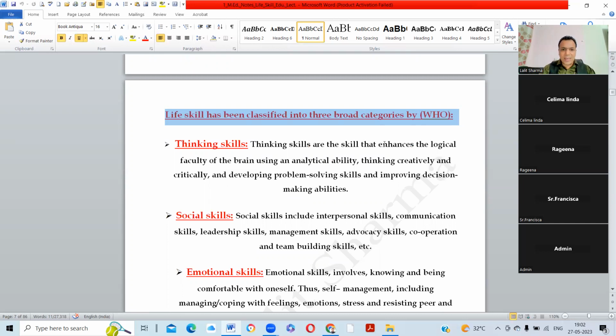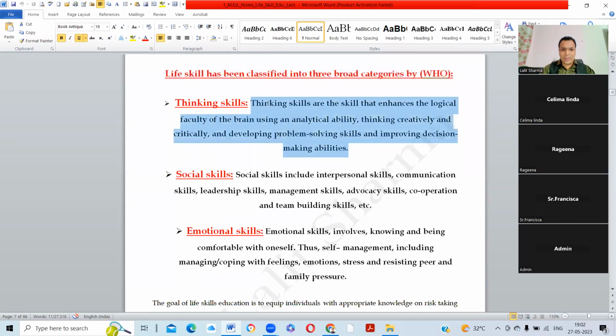Right? So thinking skills are the skills, you can see that. Okay, important points I have highlighted, I have bolded. So I am discussing under the question. The rest of the part, guys, you have to learn it, because the concept will be clear to you. So guys, what are the thinking skills, which are a part of the life skill?